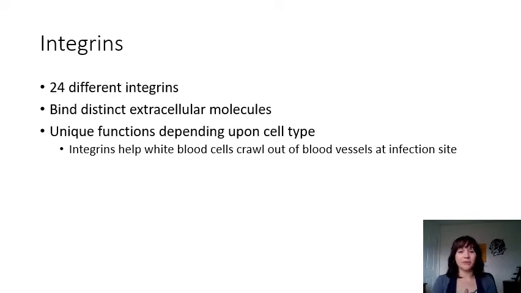It is really cool. I recommend you look up any video about this. These animations show the white blood cells kind of rolling along inside the blood vessels, expressing these integrins, getting caught on a site, and then squeezing through cells of blood vessels.